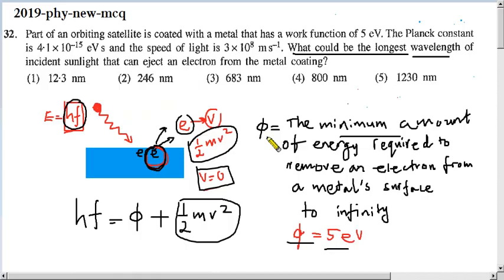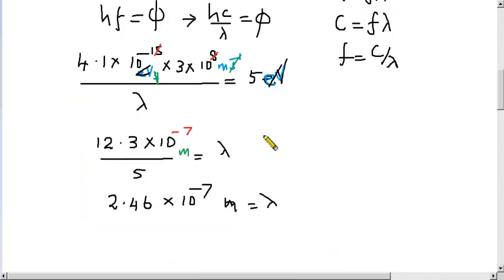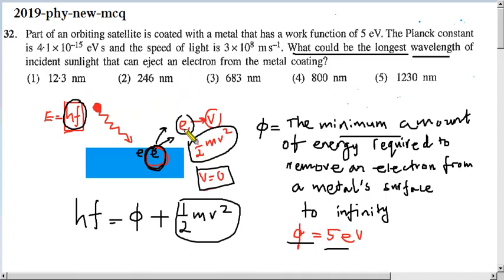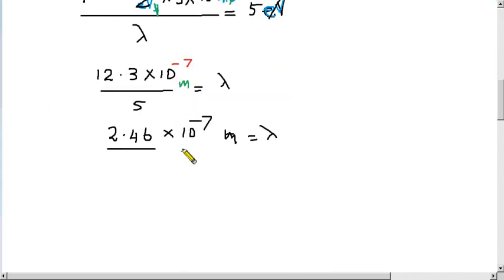But the answers they have given are in nanometer. So you don't have to simplify further, because the digits 2, 4, 6 are only in answer 2. So this one must be the answer, children. But if you want, we can simplify this, because nanometer is 10 power minus 9.